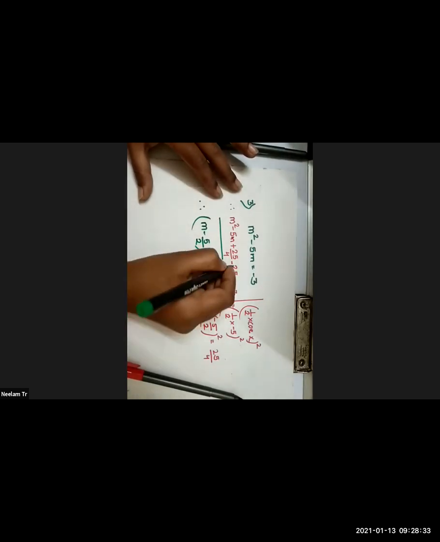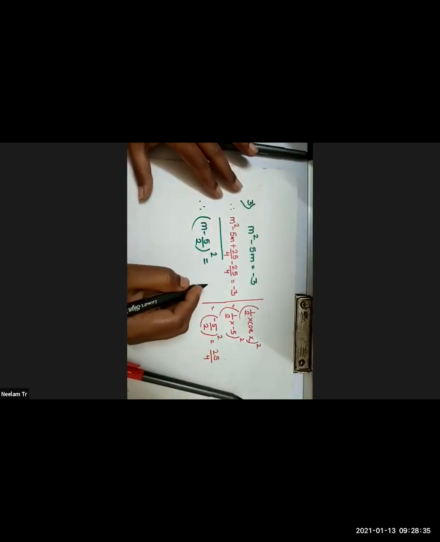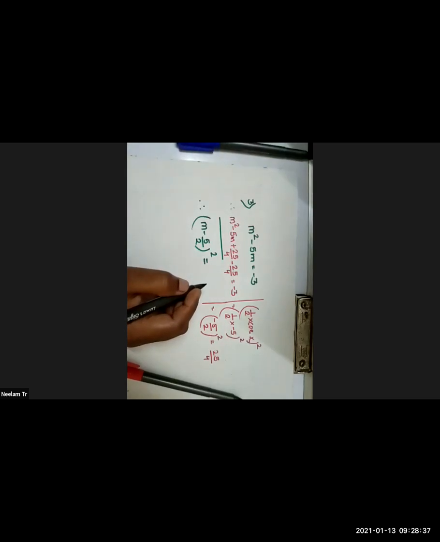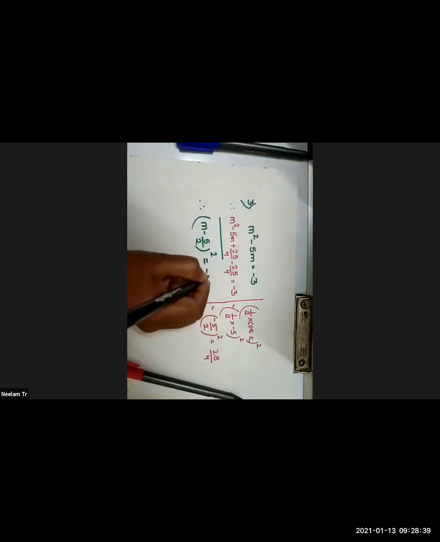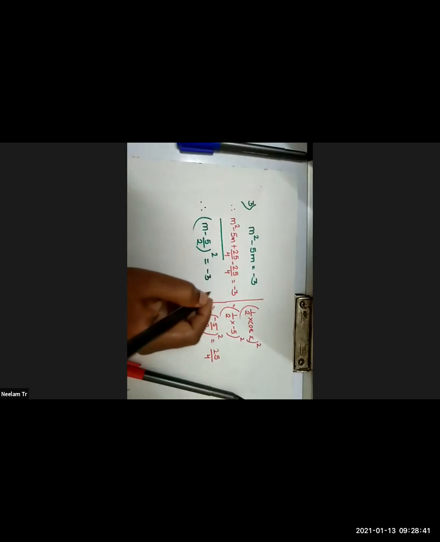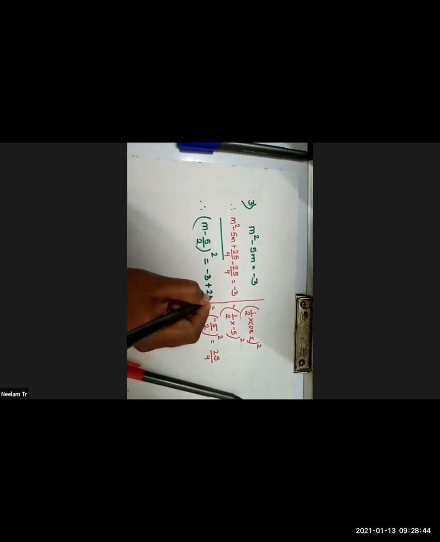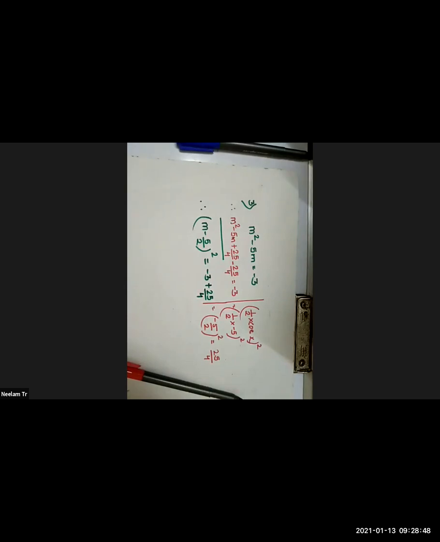Now I have to take this to the right hand side. Minus 3, when it goes to the right hand side, will become plus 25 by 4.